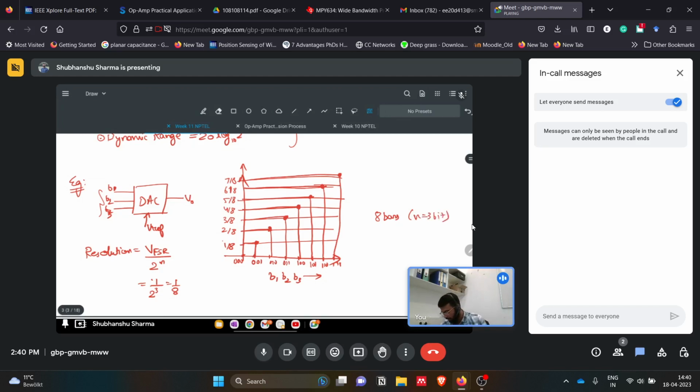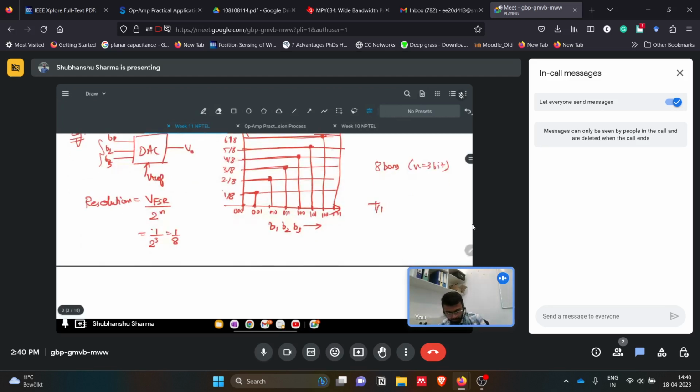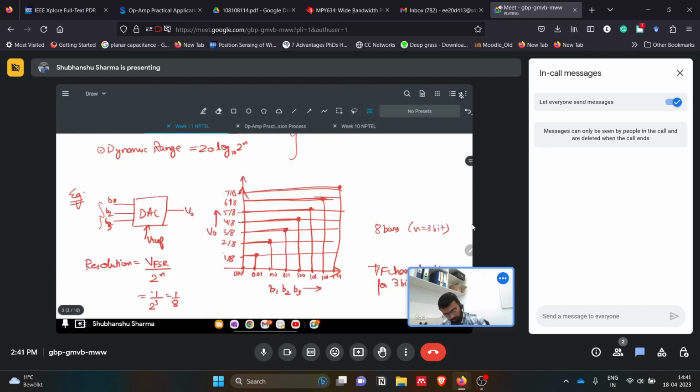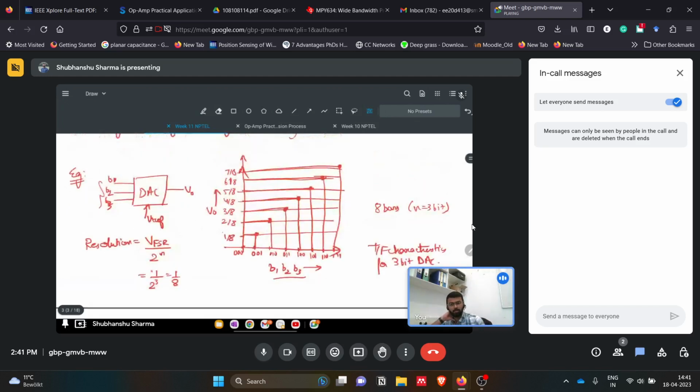Okay, now this is basically the transfer characteristic for a 3-bit DAC. This is the output, this was the input, and based on their corresponding values, we got the output.